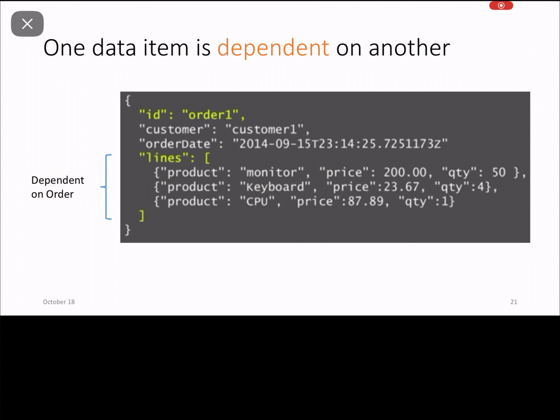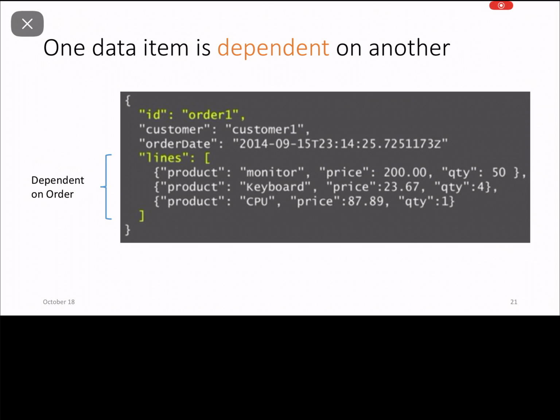The next one is when one data item is dependent on another. When you take a look at this example, you see an order, and the lines there mean the products, or the items within that order. The items cannot be on their own, because, for example, monitor, price 200, quantity 50.